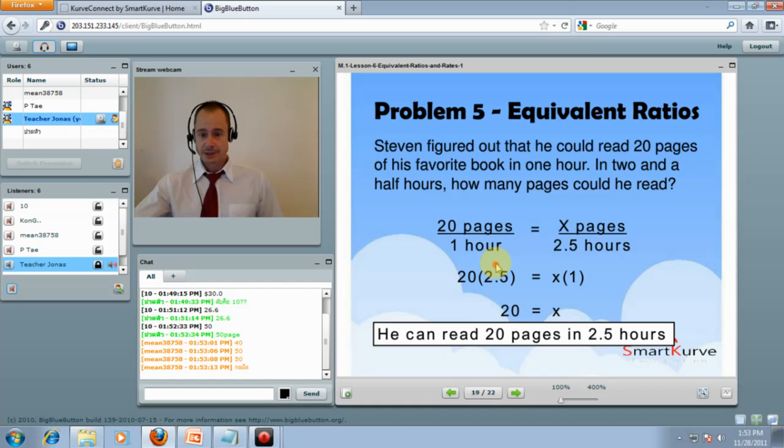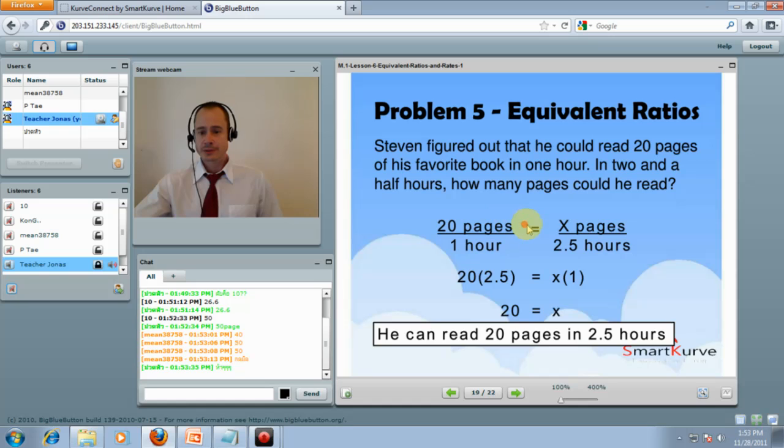It's wrong here. It's wrong in the text here. I didn't write this, but it should be 50. The first ratio is 20 pages for 1 hour.